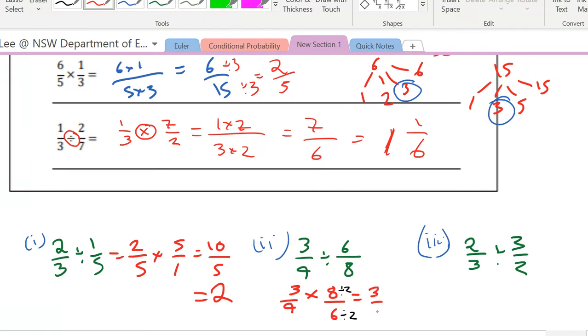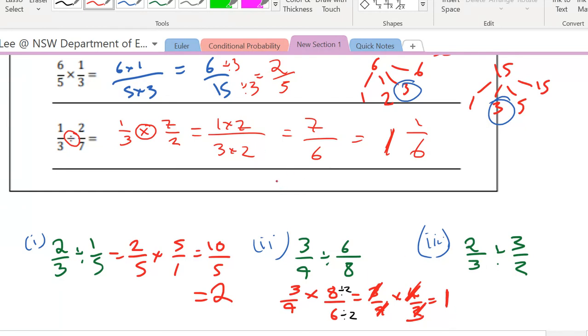So that gives 3/4 multiplied by 4/3. Okay, so this goes, this goes, this goes, and this goes, just to give 1.